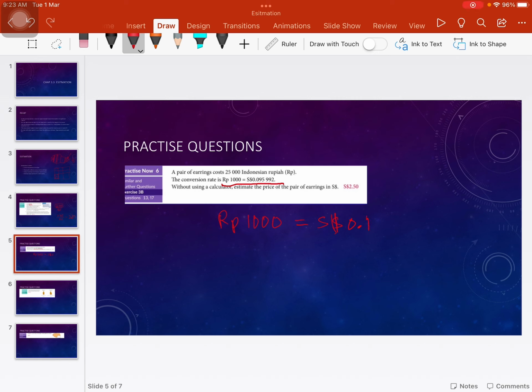Okay, why do I choose this? You know in a while, because if I were to times 1,000, or even 10,000, then this becomes a nice number of $1. Okay, now if 10,000 is equivalent to $1, what is 25,000?